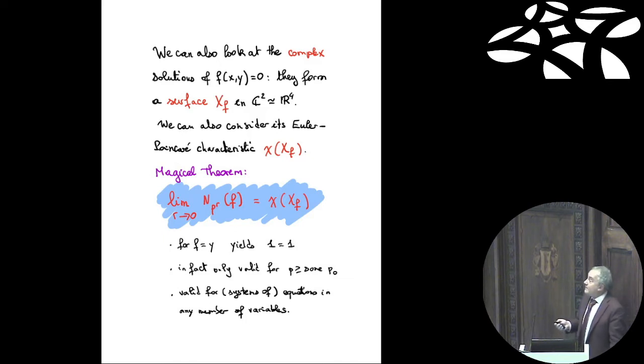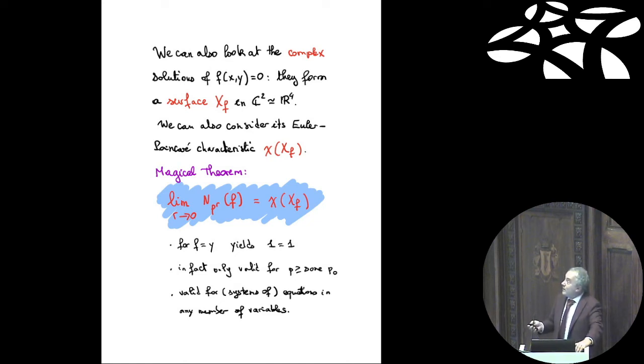And now there is a beautiful statement. Of course, disclaimer: what is written here has no meaning. And of course, the idea is to explain to you what it means. But I find it appealing to state the theorem like that, even if it has no meaning.